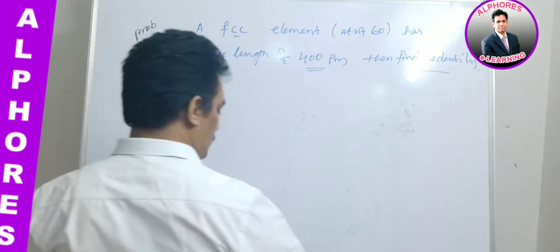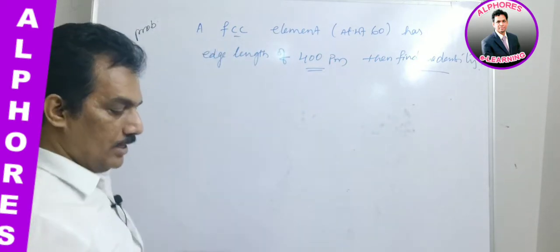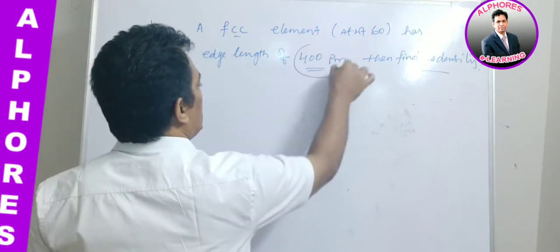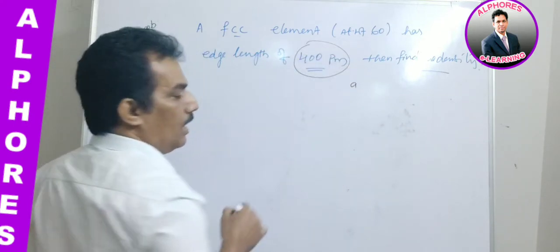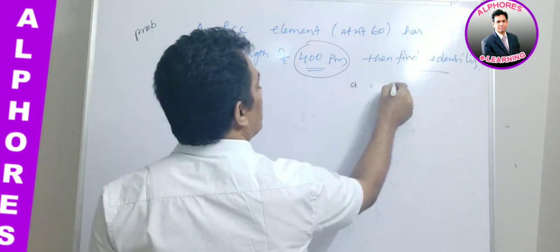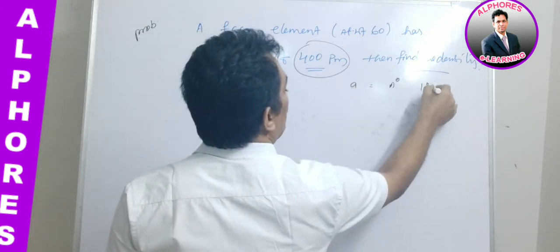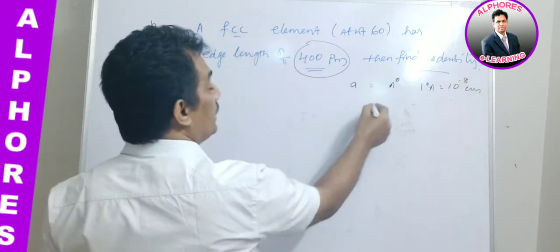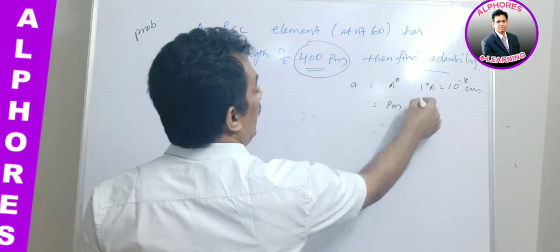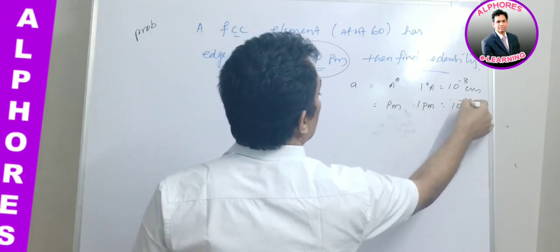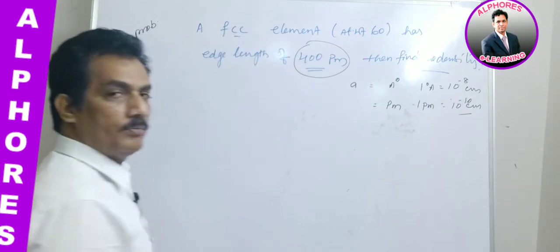Just observe, here what they are giving is the edge length A. Already in the previous session we discussed that if the edge length is in angstrom units, 1 angstrom is equal to 10 to the power of minus 8 centimeters. But here it is given in picometers, and I think you know 1 picometer is 10 to the power of minus 10 centimeters.